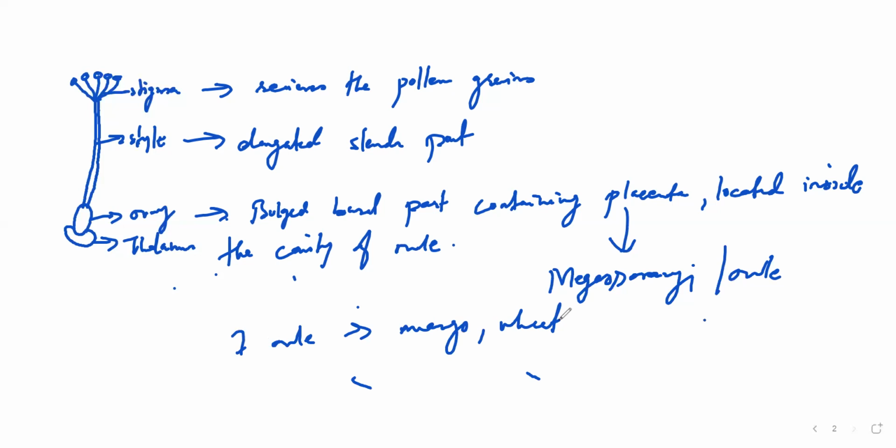But if there is more than one ovule, examples you can take are papaya, or orchids among flowers, watermelon, and so on. So depending upon the species, one ovule may be present or many may be present.